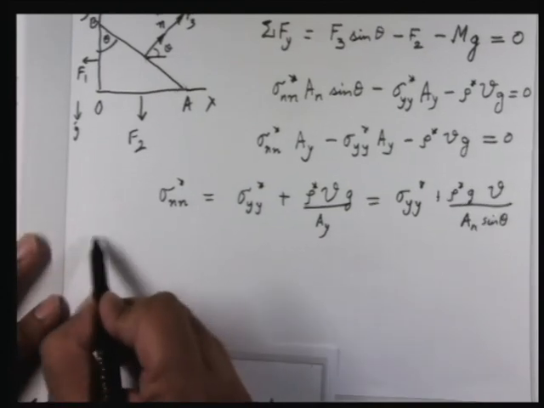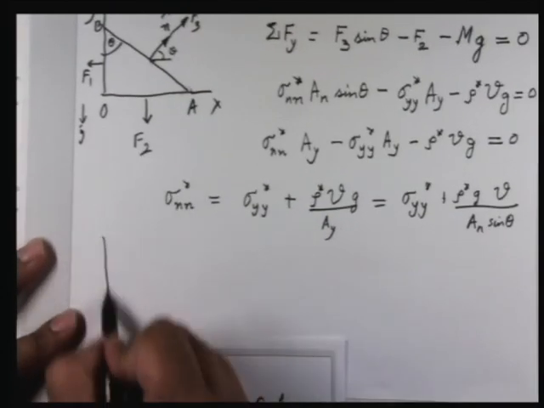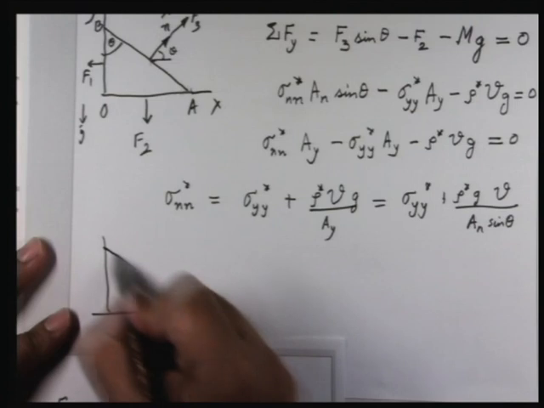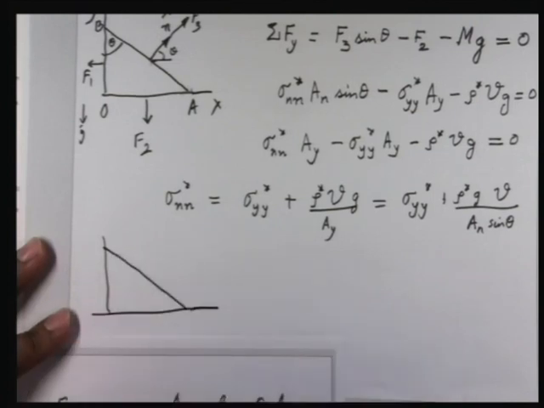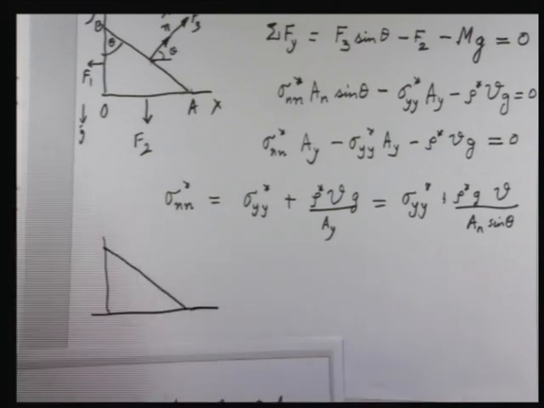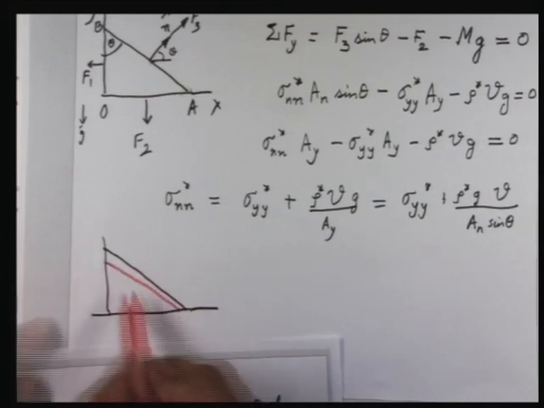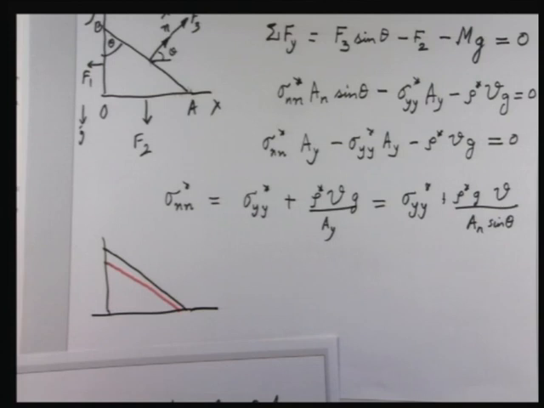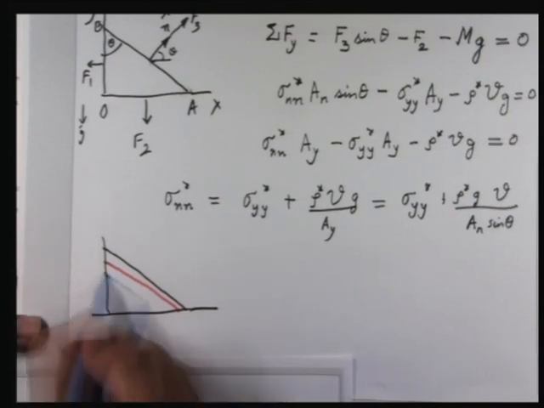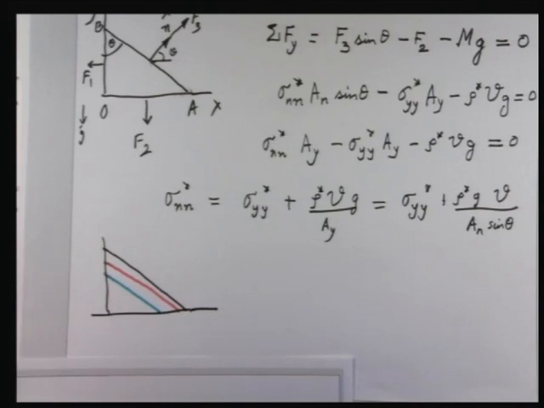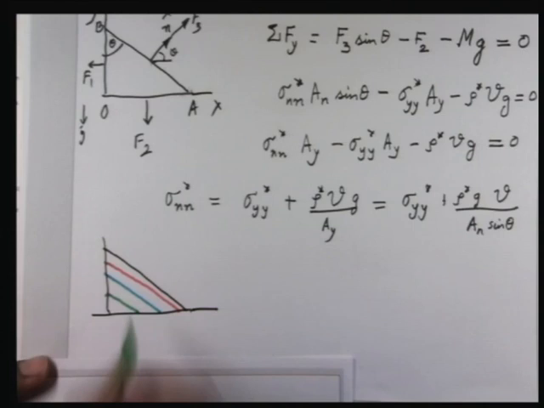So what I mean is that, you consider for example, this is one element, we will take another element like this with a side which is parallel to this. Then we will take another one and another and so on.